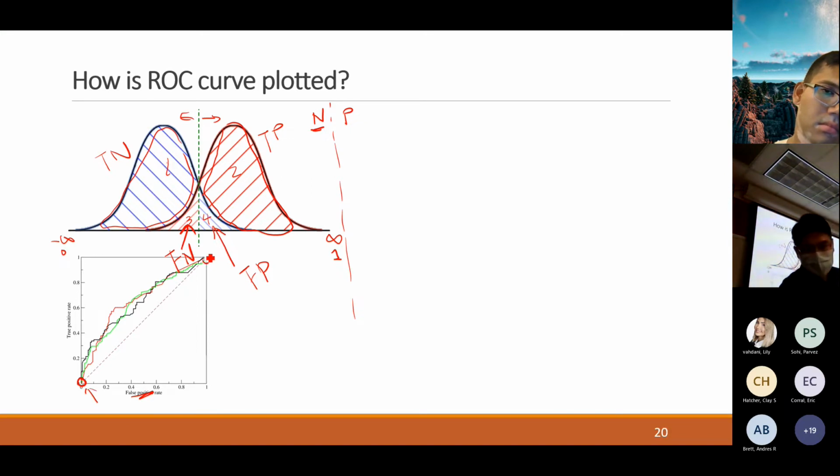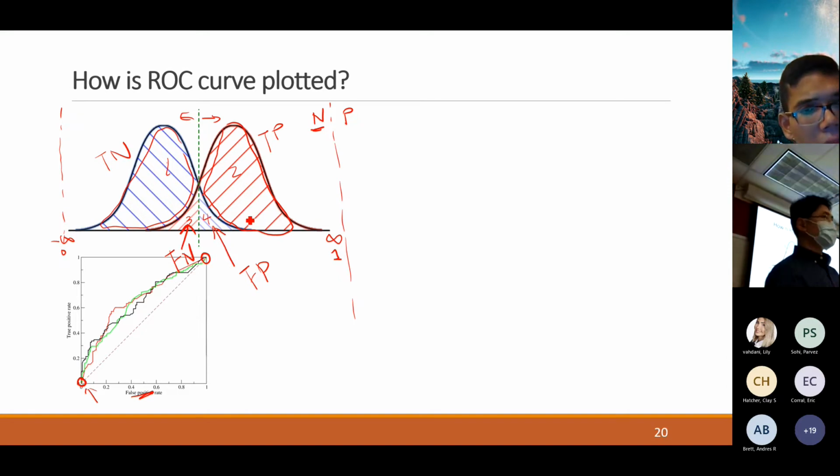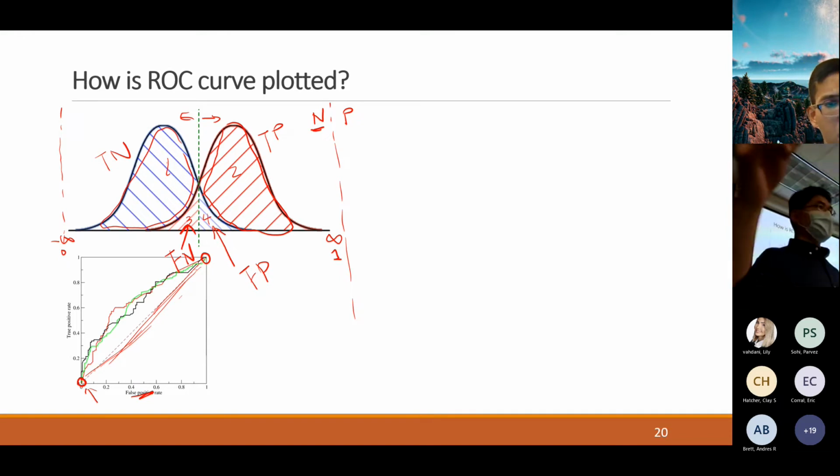If we look at the other extreme, that would represent a prediction model with the threshold at the leftmost point. In that case, it's the opposite. We have perfect recall, and we have 0 specificity. 1 minus 0 specificity is also 1, so that's why we have 1 and 1. So that connects the 2 dots. In connecting the 2 dots, if a model is randomly guessing, then the line is straight between them.